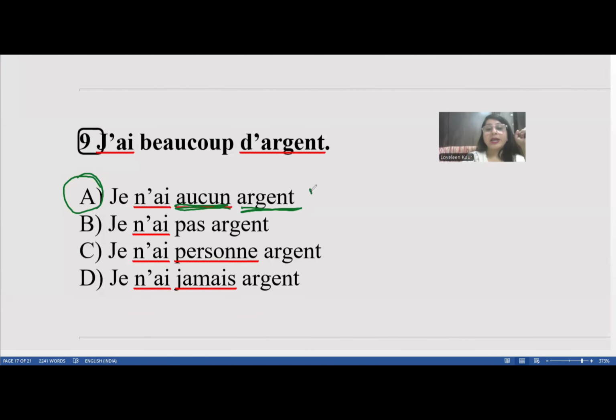Argent is money, and that's a masculine singular word. When we have a zero quantity, we use aucun. So je n'ai aucun argent. Je n'ai pas d'argent. I don't have money. Je n'ai personne d'argent, no. Pas du tout, this is a wrong sentence. Je n'ai jamais argent, no, this is a wrong sentence.